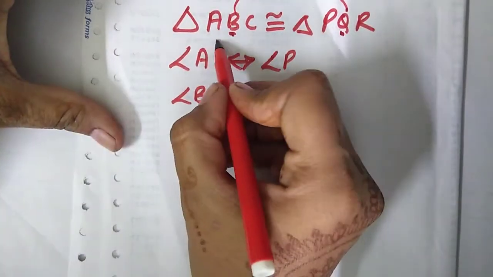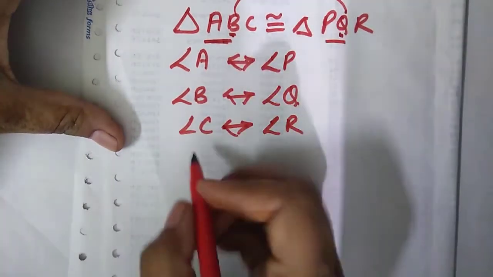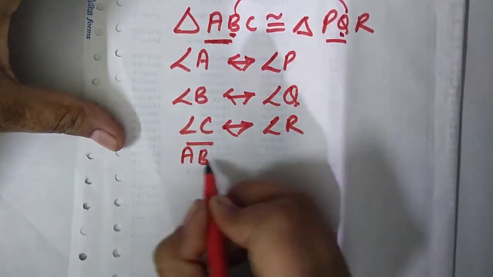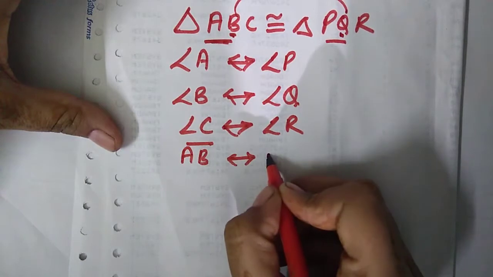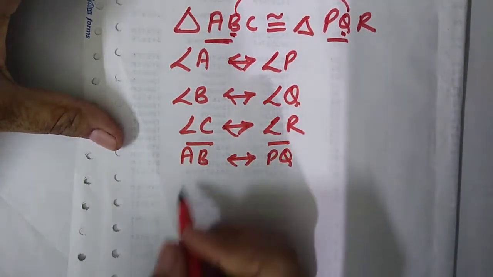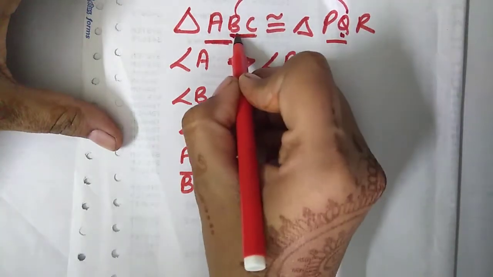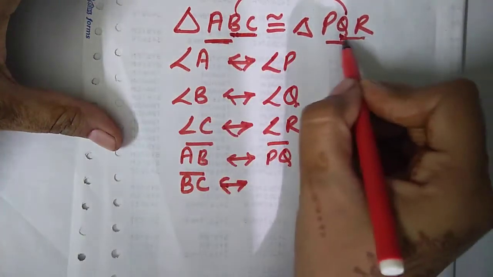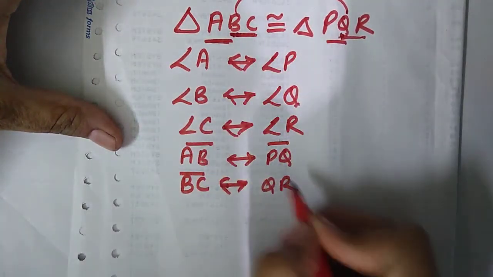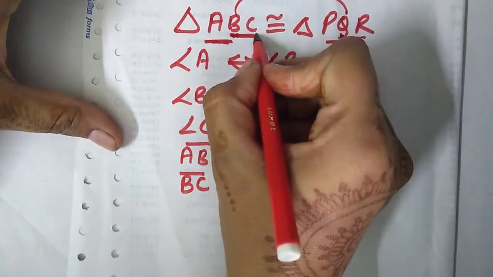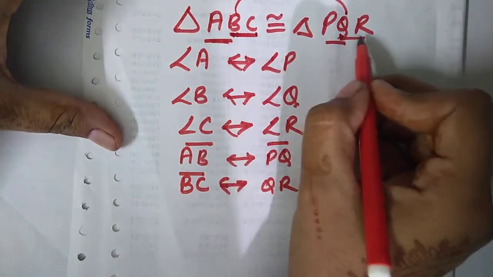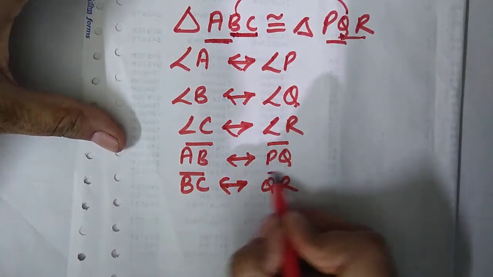Now come to the sides. AB is corresponding to PQ. How will you write it? Line segment AB is corresponding to PQ. Then side BC corresponds to QR because they are at the same position: B and C are on second and third, and here also Q and R are on second and third.